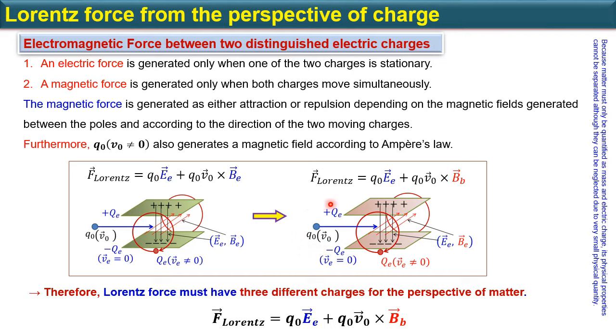Furthermore, because charge Q0 is moving at constant velocity, it also generates a magnetic field according to Ampere's law. Therefore, the Lorentz force must have three different charges for the perspective of matter, as you can see in this equation.